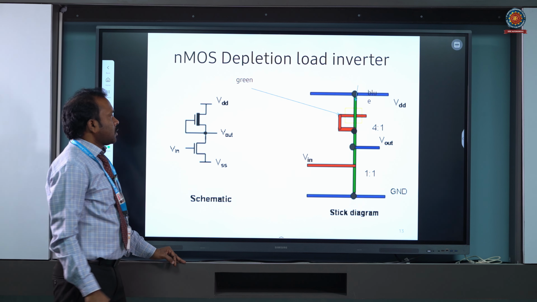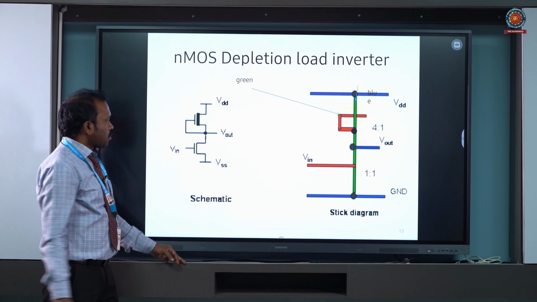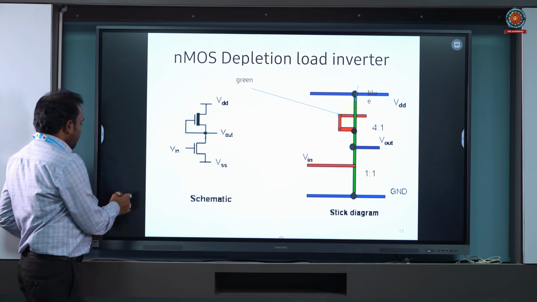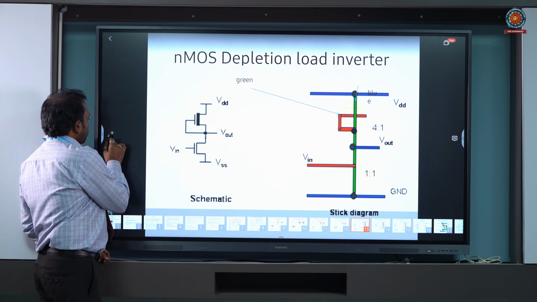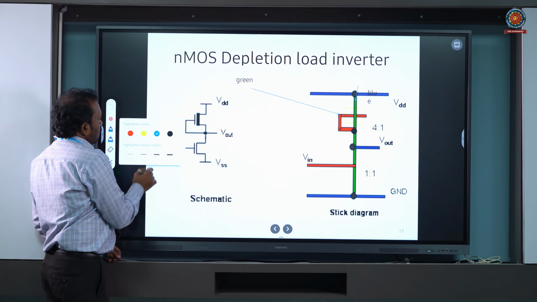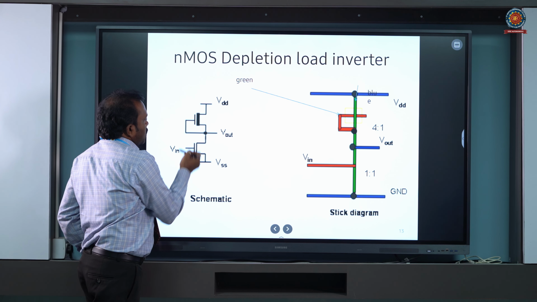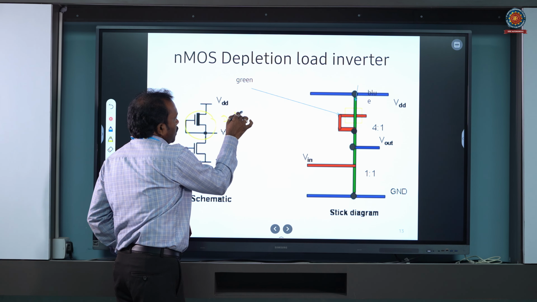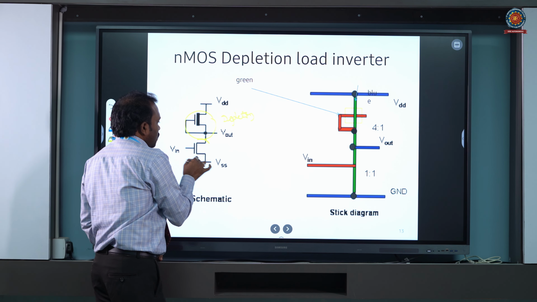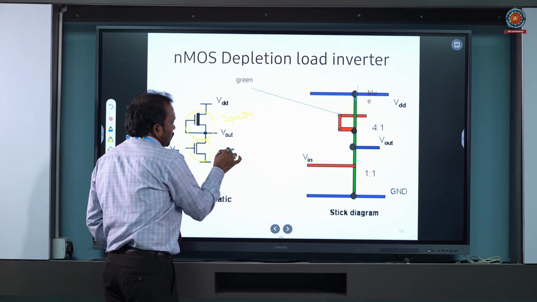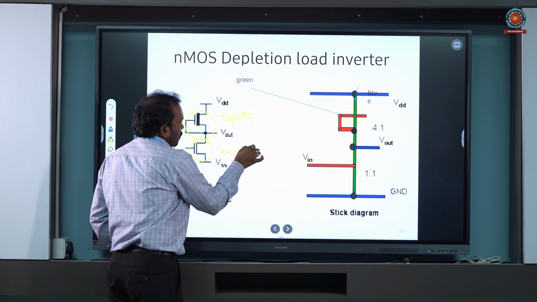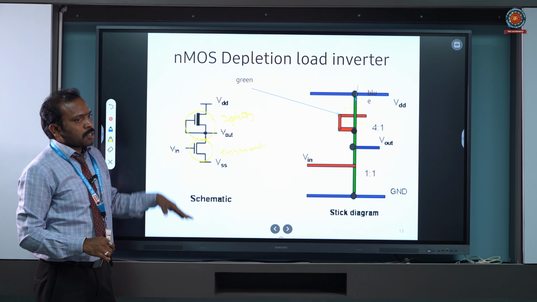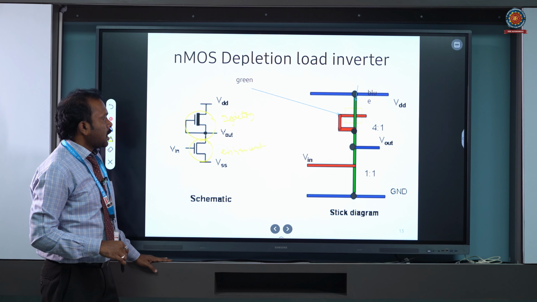As I said, this is a depletion type transistor. This is your depletion type in NMOS, and this is your enhancement type. Both are NMOS only, but one is depletion type, the other is enhancement type.